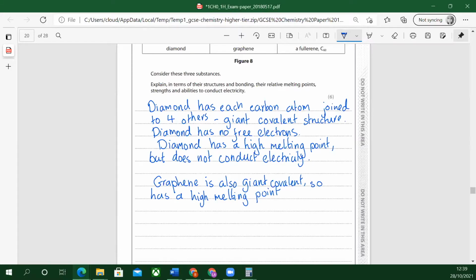Okay, so it has a high melting point, but also has delocalized electrons.